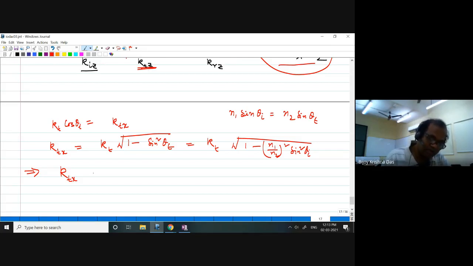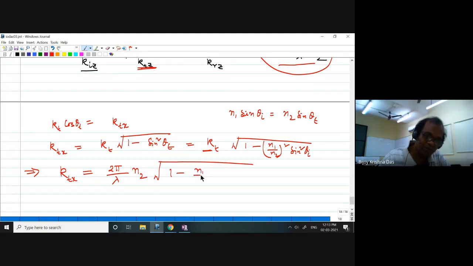So ktx I am just writing equal to kt, which means 2 pi divided by lambda times n2, that means the wave vector in the second medium. And what about this one? I just keep on writing 1 minus (n1 by n2) square sine square theta i.